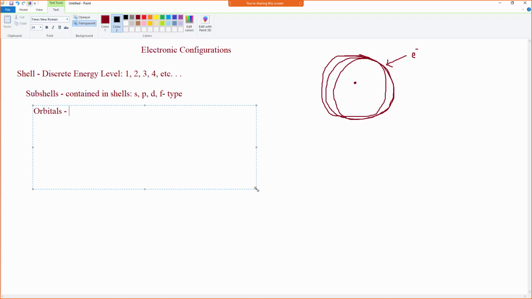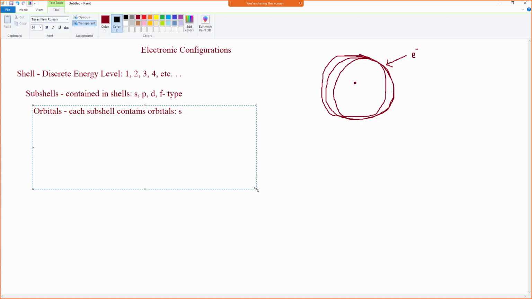Each subshell contains orbitals that contain the electrons, and each additional subshell contains more orbitals.